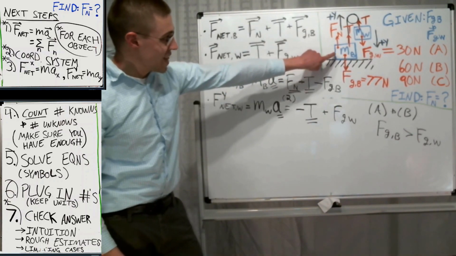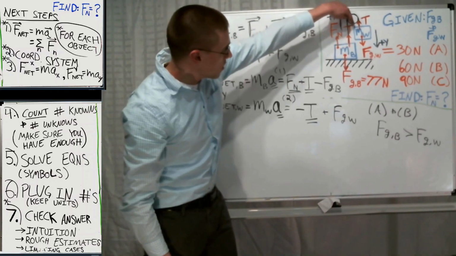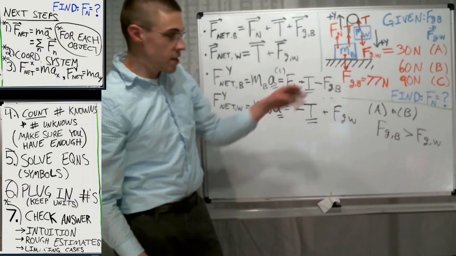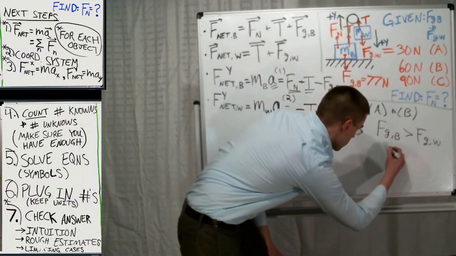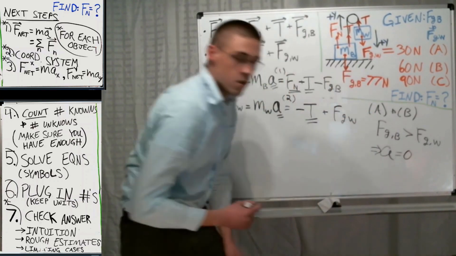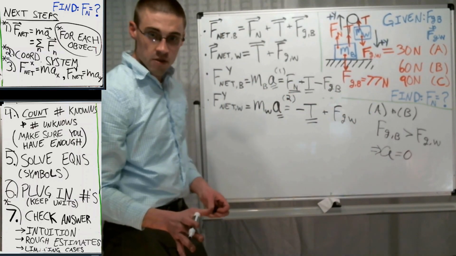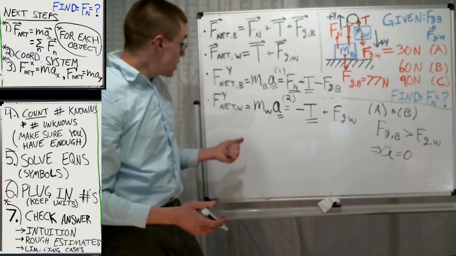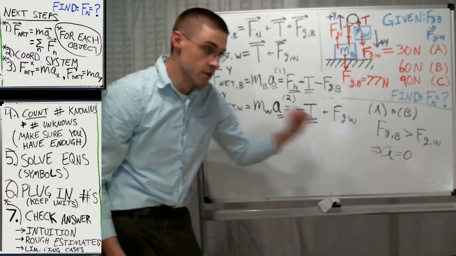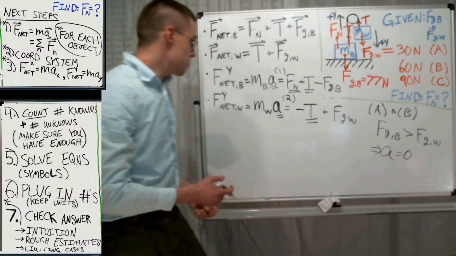Think about it. That one weighs more than that one. That means that thing is just going to rest there on the surface. And that means that the acceleration is going to be 0. So that gives me a third equation, a really helpful one, right? That gets rid of two of them. So let's just do part A and B first.